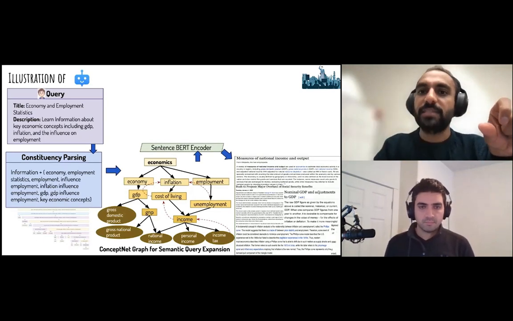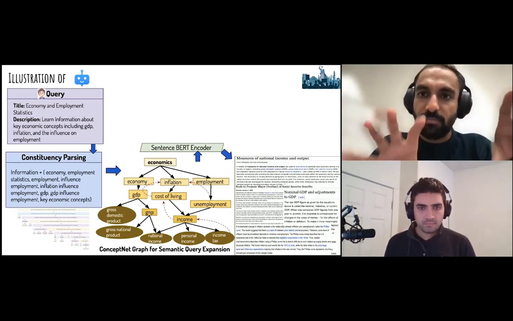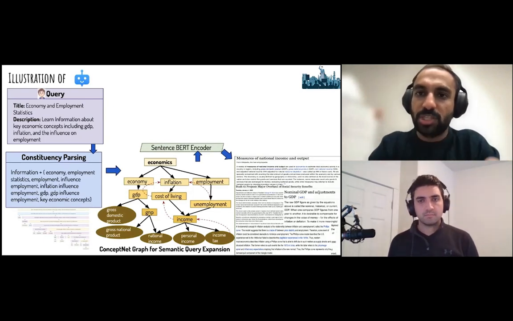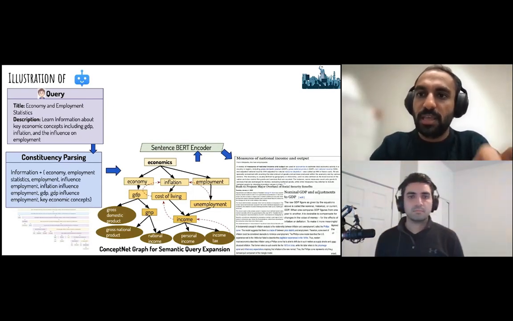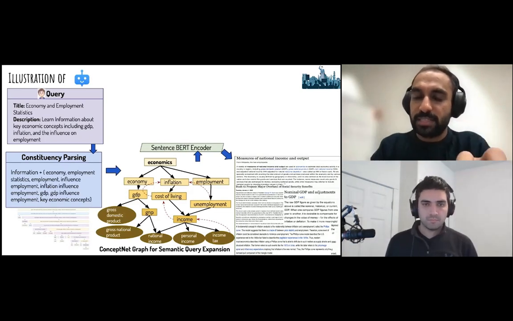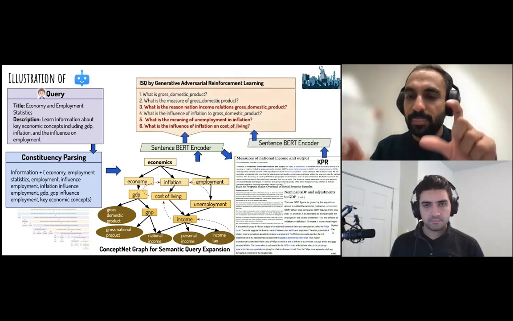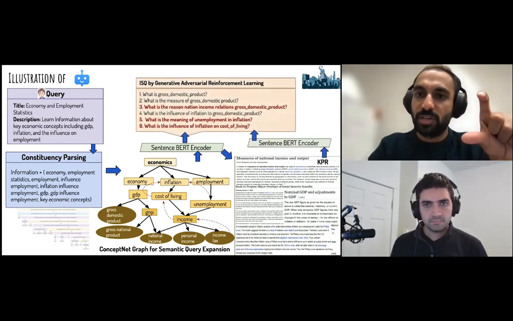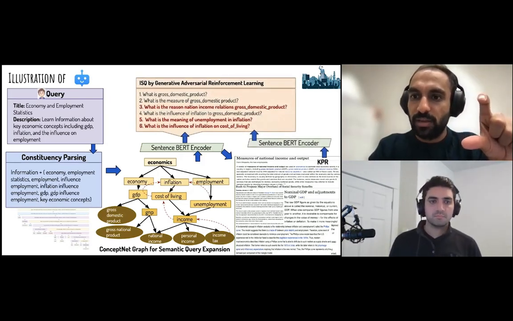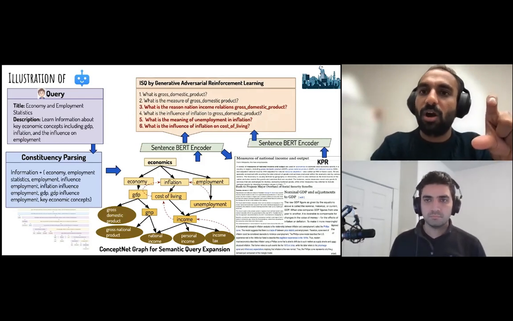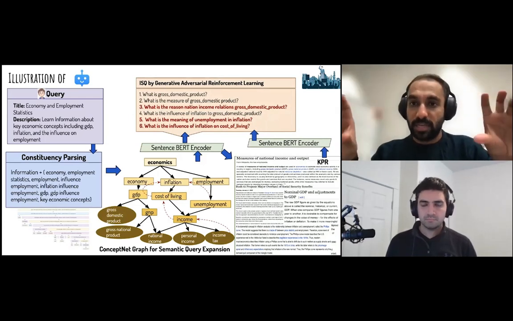And I retrieve passages. Now you see the model is retrieving passages based on the information in the triples. It uses these retrieved passages. Now there are two encoders. One is a generic encoder for the passages, and there is an encoder for the triples. Now you have two representations.